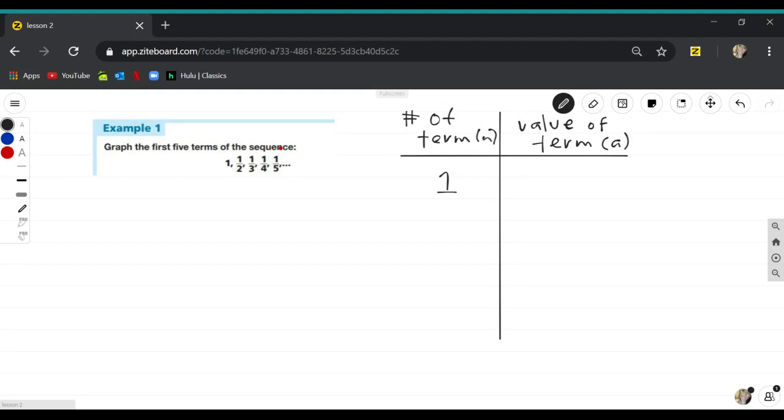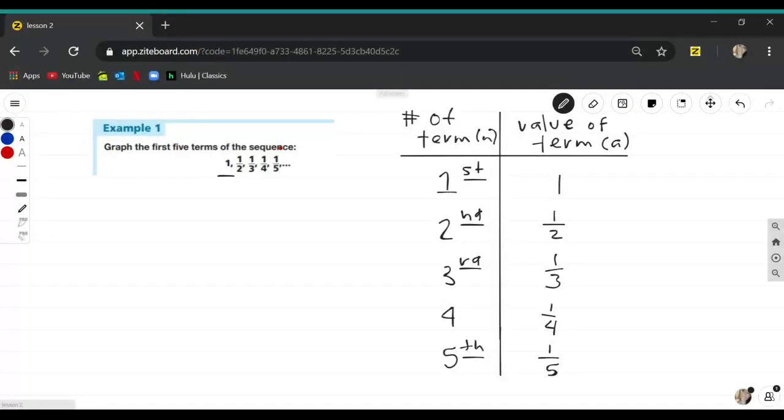So our first term is 1. Our second term is 1/2. Third term is 1/3. Fourth term is 1/4. Our fifth term is 1/5. Okay, so now it's telling us to graph it.